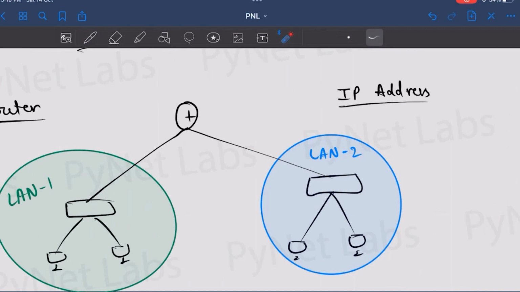So if, for example, this PC wants to communicate to this PC, it will give the traffic to the router. Router using the IP address and routing table will find out what is the best path to reach this PC and will forward the traffic accordingly. That's how router operates. Now, the next thing that we need to know about is gateway.